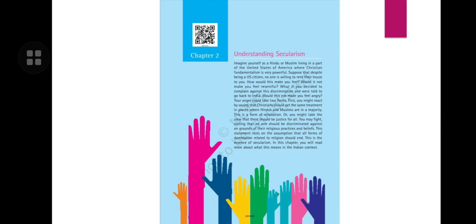Generally, communalism refers to a politics that seeks to unify one community around a religious identity in hostile opposition to another community. So, what is basically communal politics is it tries to pit one religious community against the other.